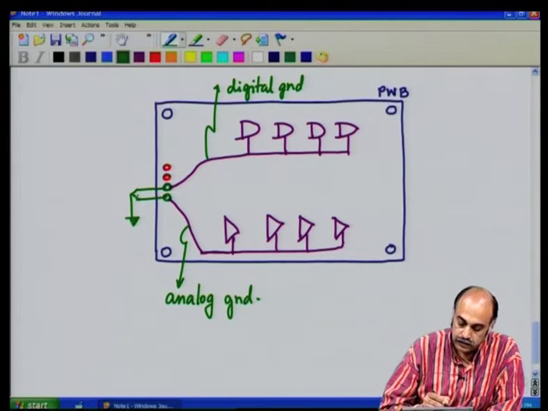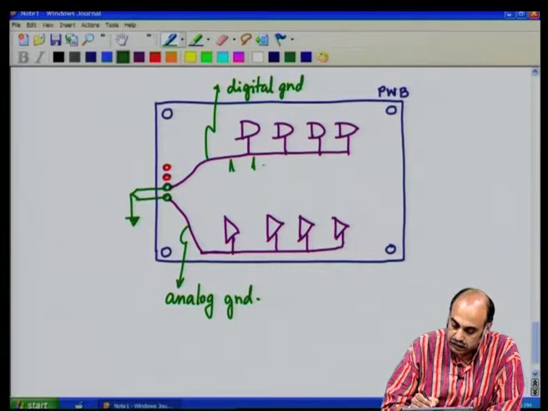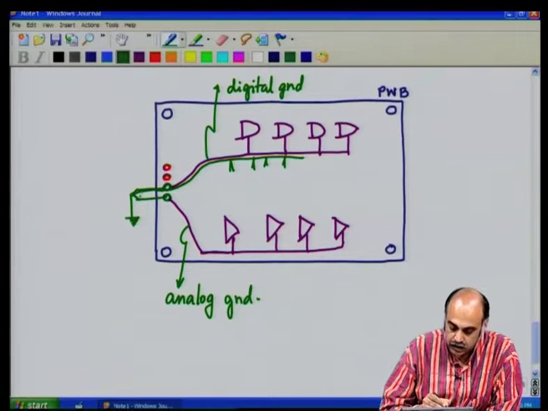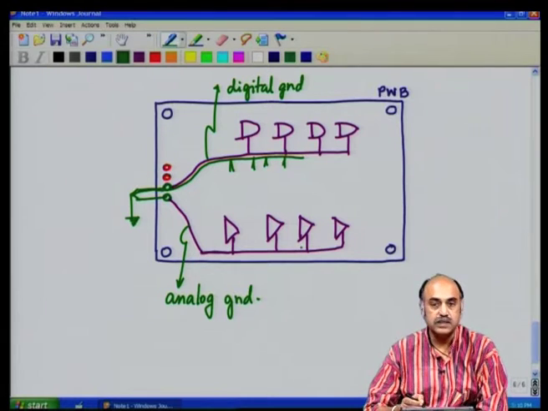Now, at this point you see that all the digital current spikes, the spiky currents will flow only in these parts of the line and get to this point. They are no way going to flow in the analog part of the ground and disturb the sensitive analog circuit.